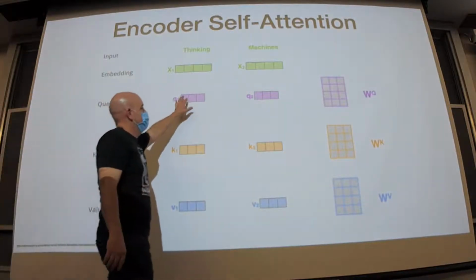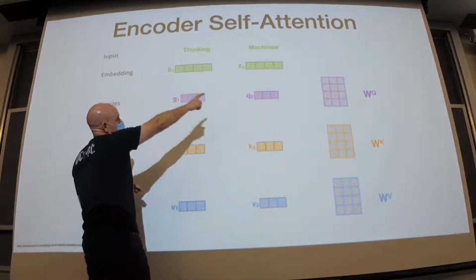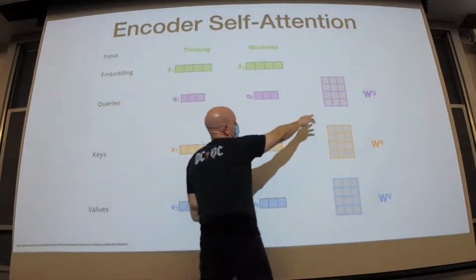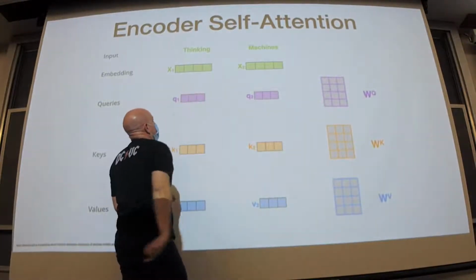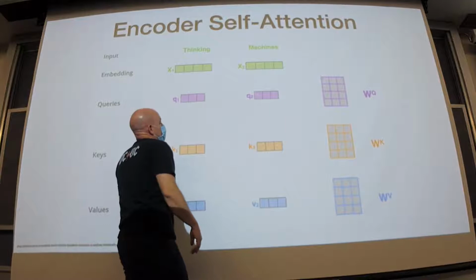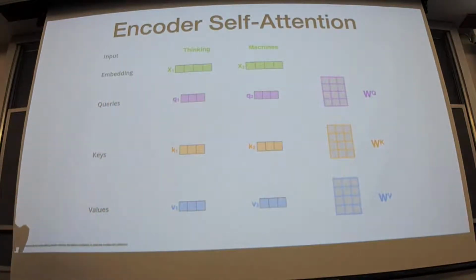But the way that we get these queries, keys, and values is nothing more than multiplying this matrix times this vector. So remember this feeling we had about, wow, this is all weird. It's all the same information. We're just kind of reweighting it.